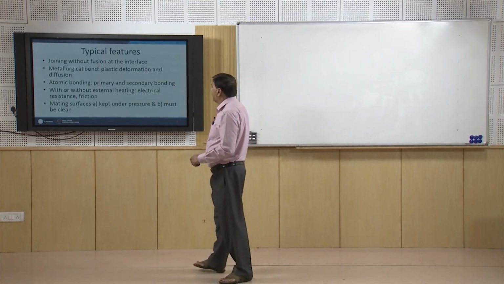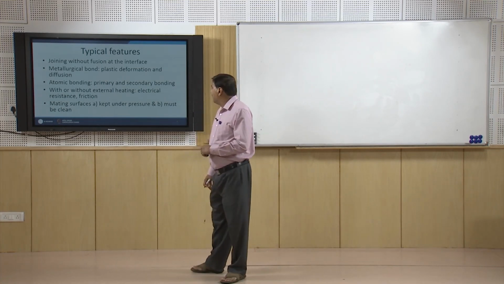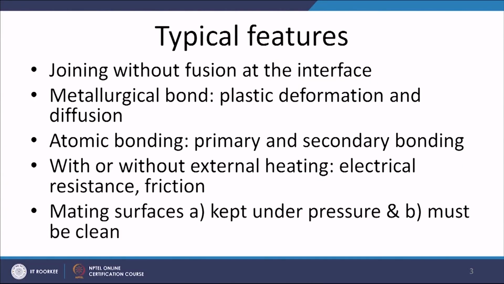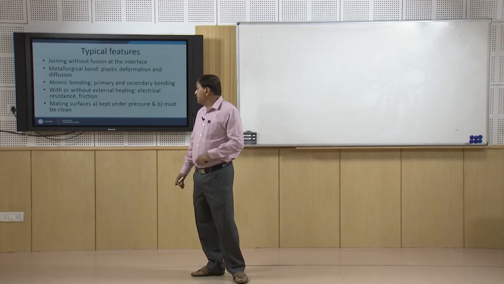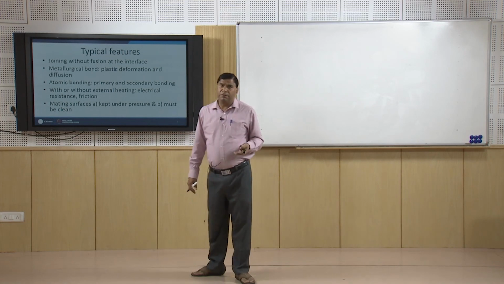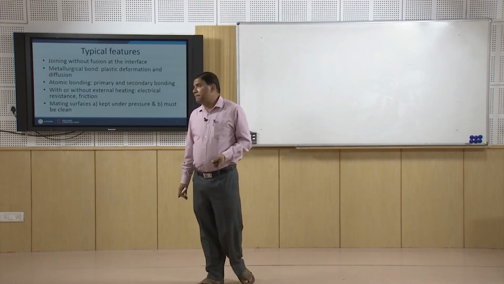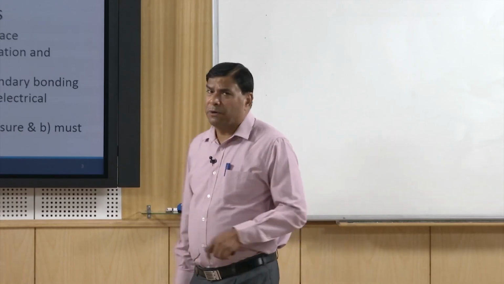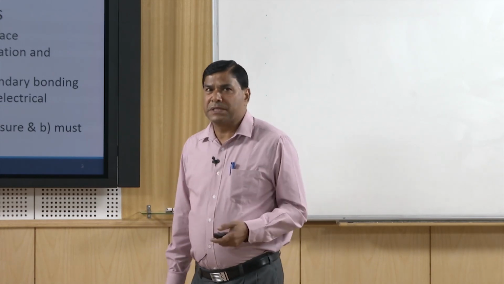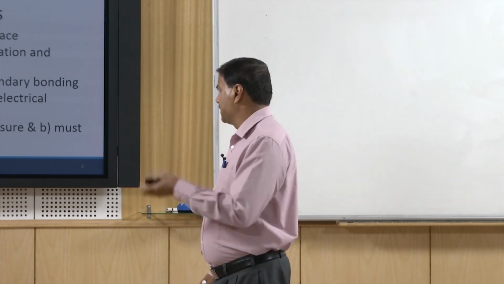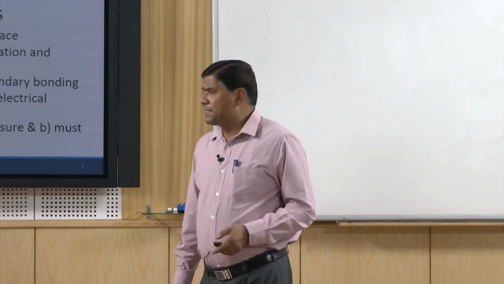So, bonding can be primary or secondary. Primary bonds are always stronger than the secondary bonds. Primary bonds may be in the form of ionic bond, covalent bond or metallic bond, while the secondary bonds are very weak, maybe of 10% strength of the primary bonds.